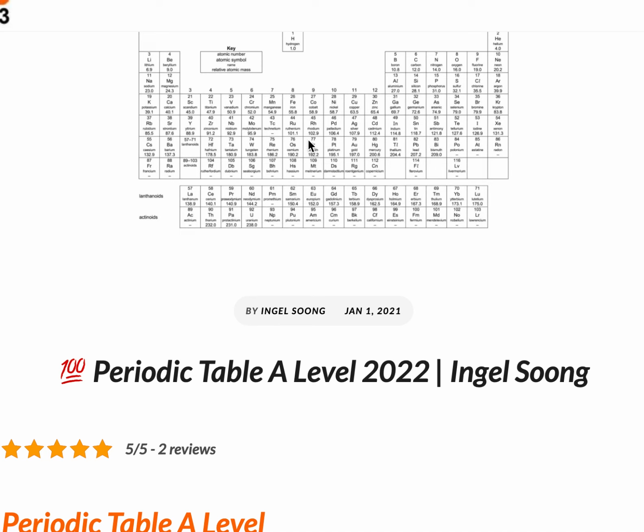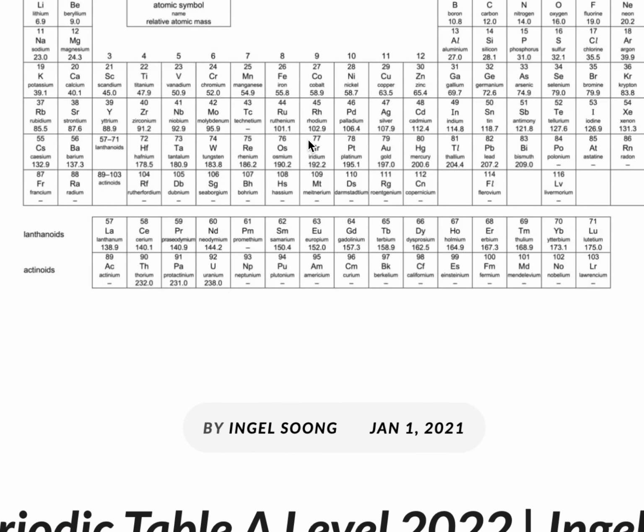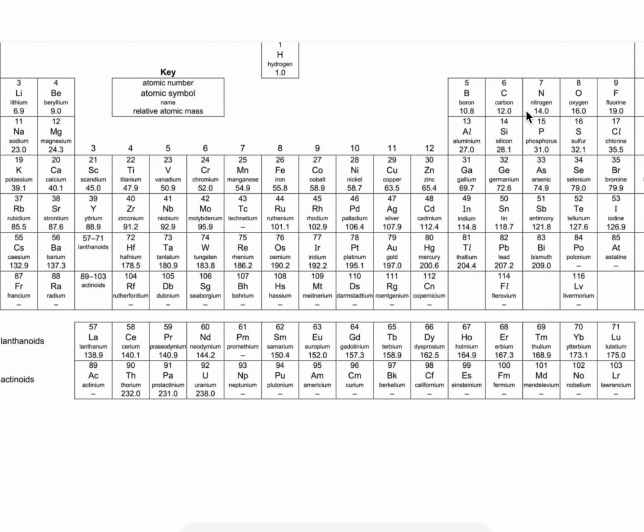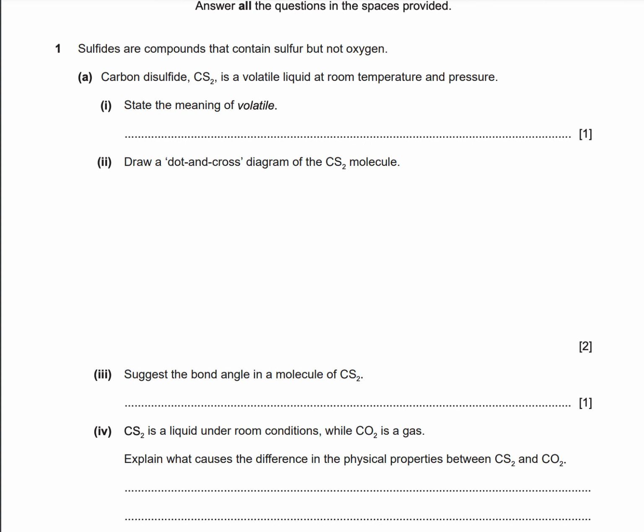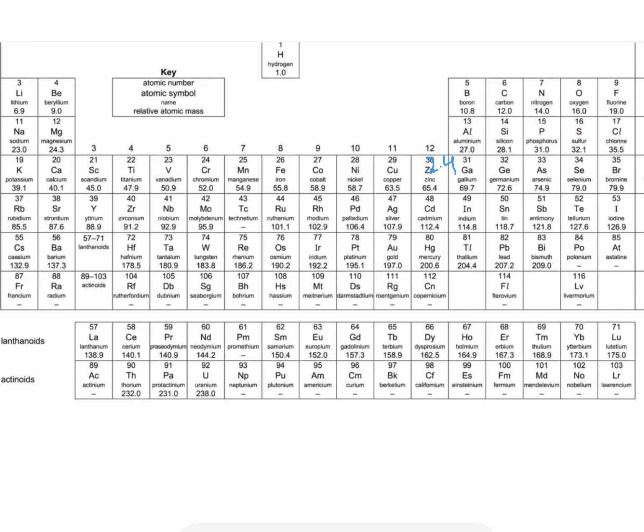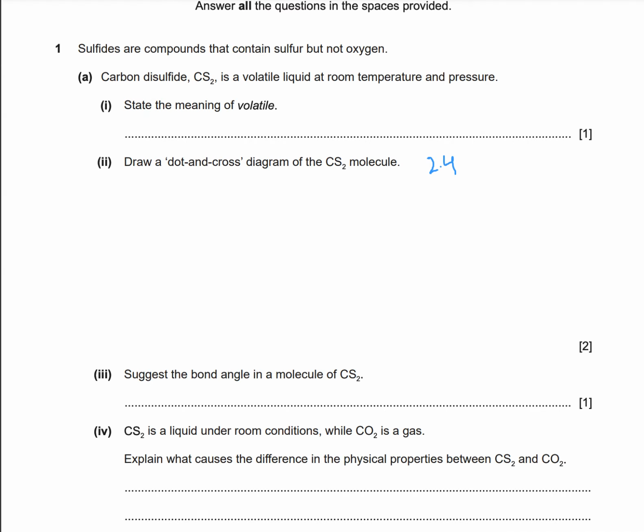Over here, this is carbon. Carbon is 6, which means the electronic configuration is 2.4. What about sulfur? Sulfur is 16, which means sulfur would be 2.8.6.